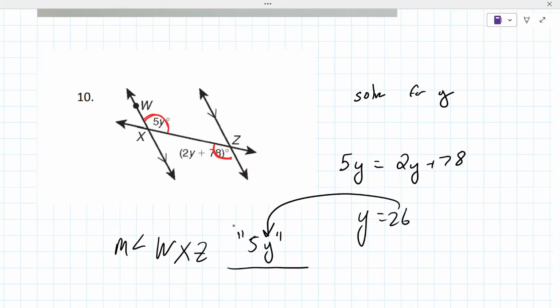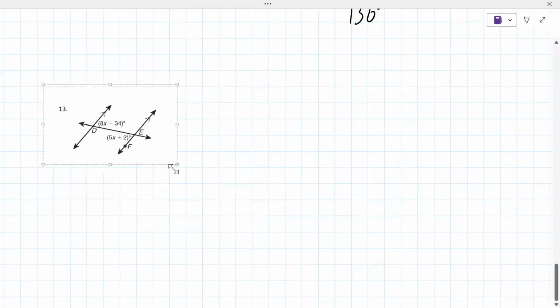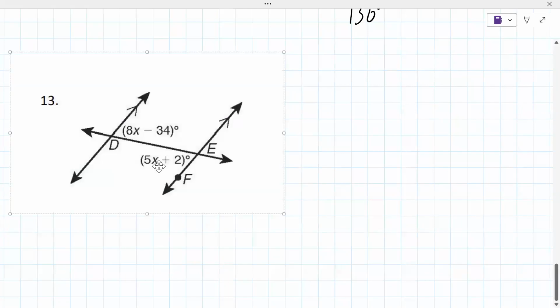Oh, okay. 5 times 26. 130. Yes, so it's 130 degrees. Very good. All right, let me have you do one more, and then we'll move on to the other question you sent and some other stuff. All right, so here you go. I want you to solve for x in the drawing. Solve for x.